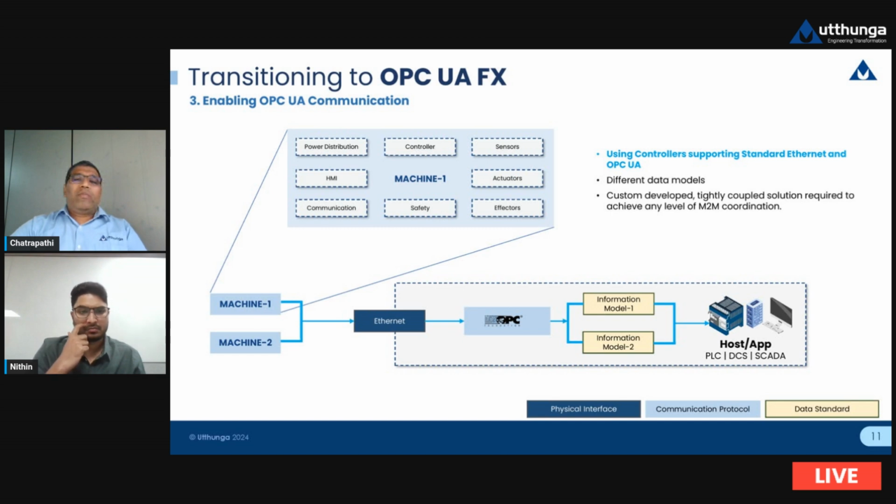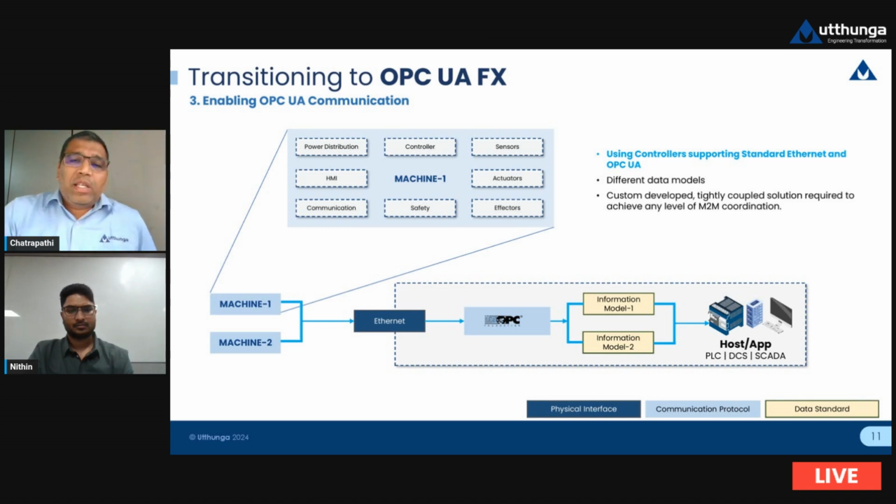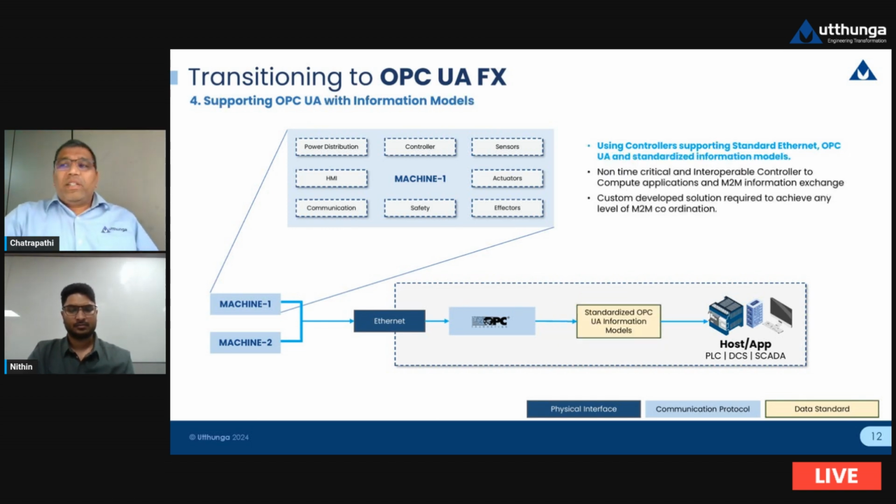However, if you adapt to any of these standardized information models, as shown in the next slide, then the application can easily understand.